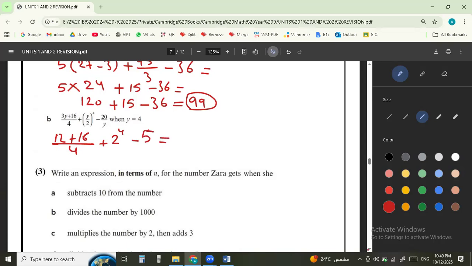Equals 12 plus 16, 28. 28 divided by 4, 7. Plus 2 to the power of 4 is going to give you exactly 16. 2 times 2 is 4, times 2 is 8, times 2 is 16. Minus 5. Equals 7 plus 16 is 23. 23 minus 5 is 18.